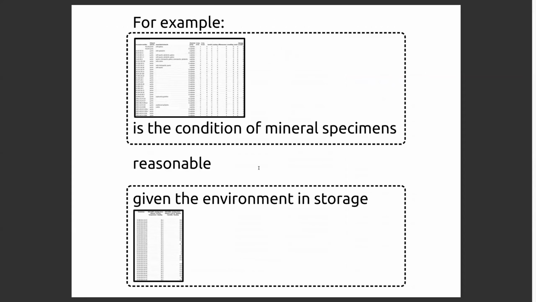At the moment, if I wanted to check whether the condition of my collection of specific specimens is reasonable, given the environment I've got, I would have to do it manually. But again, the point is that with linked data, these two data sets can be combined and queried as a single entity. Even the process can perhaps be automated.